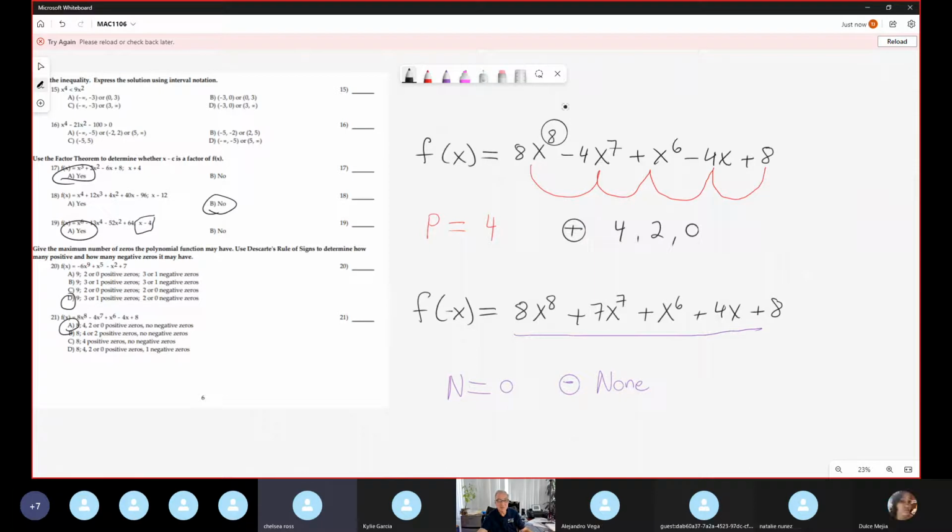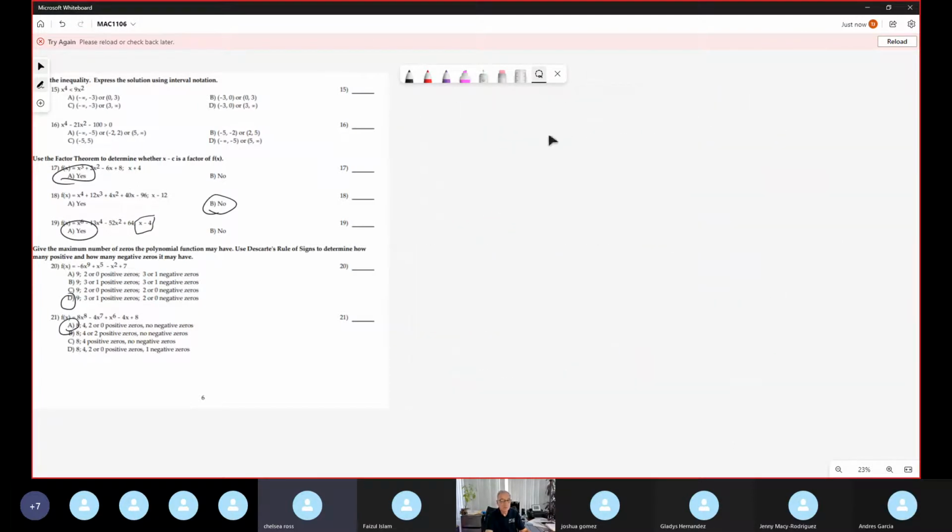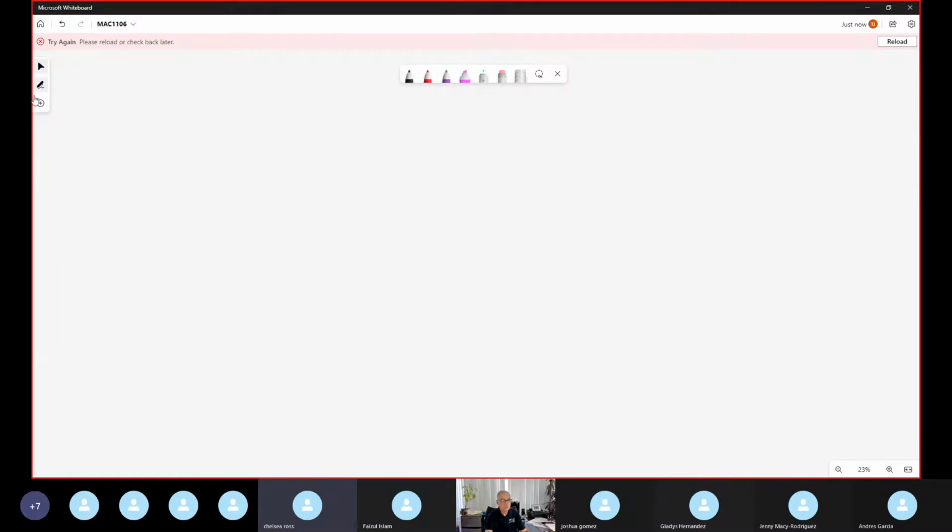May I erase the board? Yes. Okay. One more in the next page. This is the next page. I need to erase everything. Yeah, I come back to bring down to find the next page.